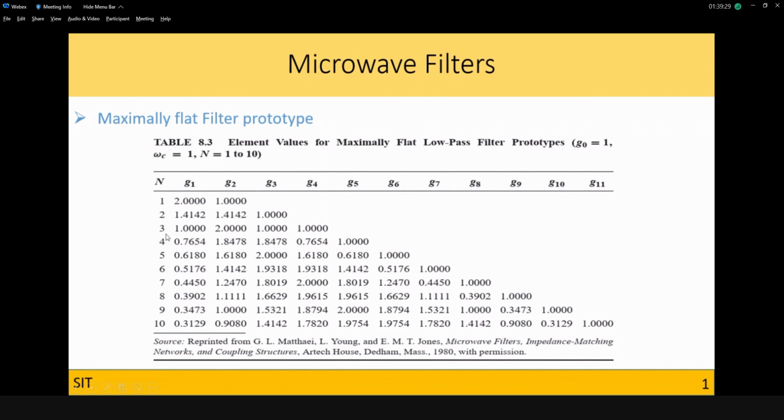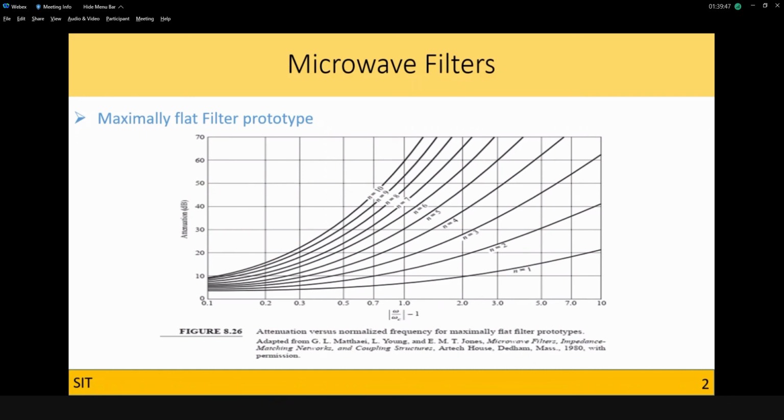Now if I take order 4, we have to use this element, and if I take 7, we have to use this element. Always the load value will be equal to the normalized value, which is 1. This is for the maximally flat filter, and you can see the curve showing how the attenuation happens.